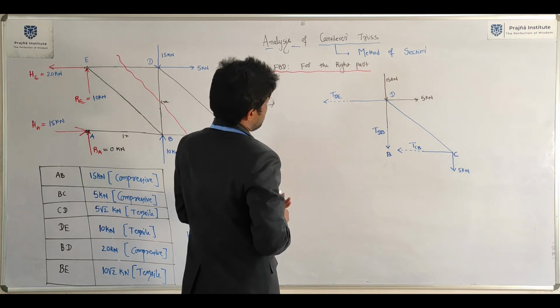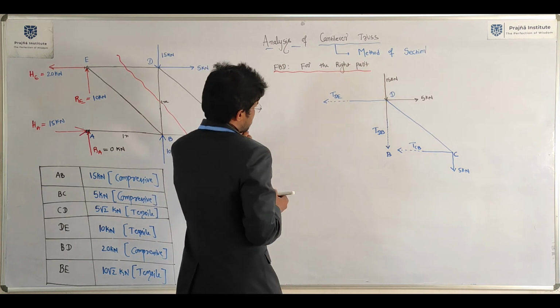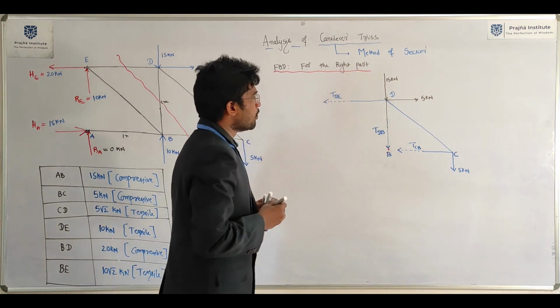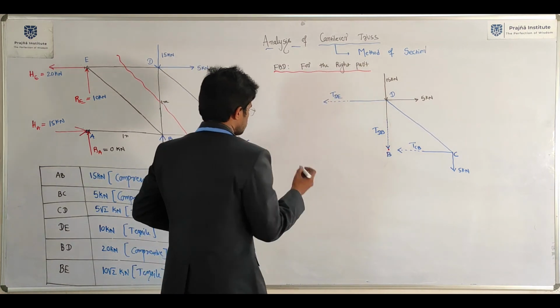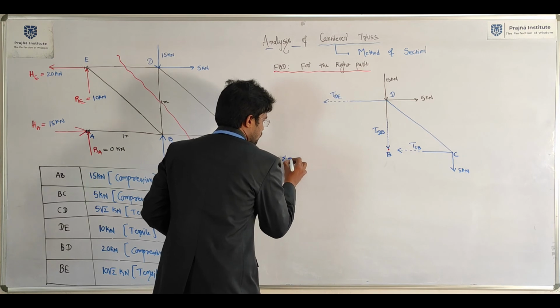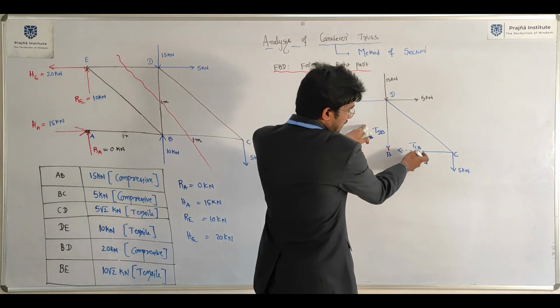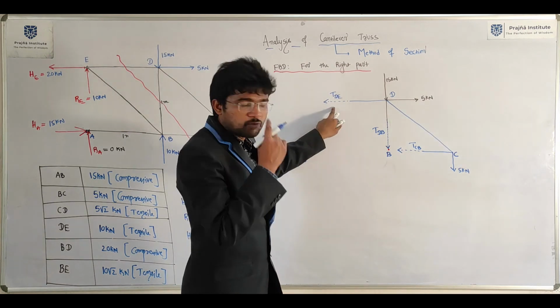Now, just apply moment about B equal to 0. Then these two unknowns will become 0, and you will get only one unknown.